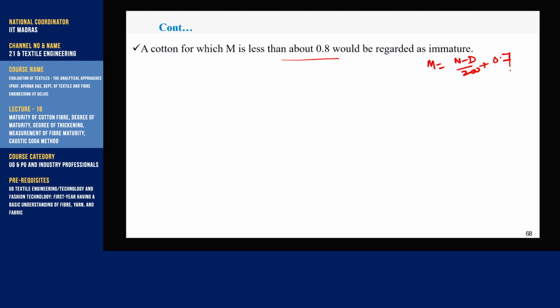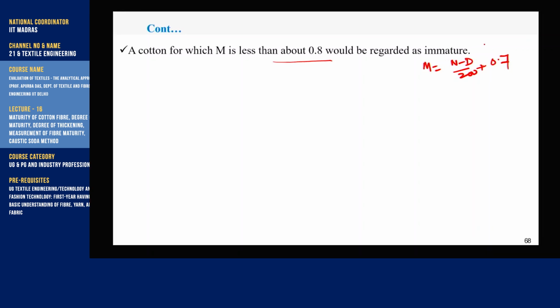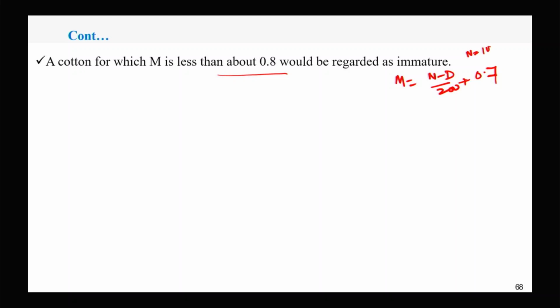Theoretically, ideally, suppose all the fibers are normal fiber, no dead fibers, no half mature fiber. That means N will be 100 and D will be 0. In that case, 100 by 200 plus 0.7 is 1. That is a 100% mature fiber.